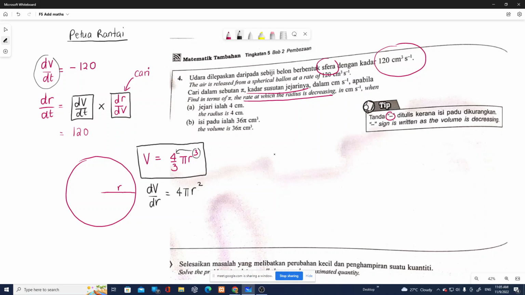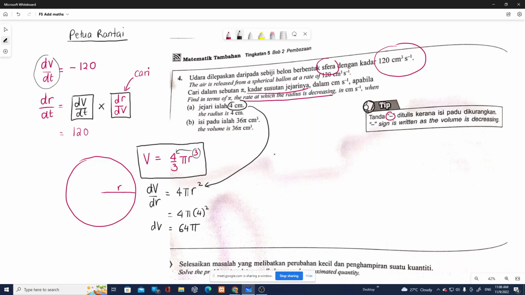Okey, dan apakah nilai dia apabila jejari dia 4? Maka kita gantikan 4 darab dengan pi, 4 kuasa 2. Itu memberikan 4 kuasa 2, 16, darab 4, 64 pi. Okey, 64 pi. Itu dV per dr.